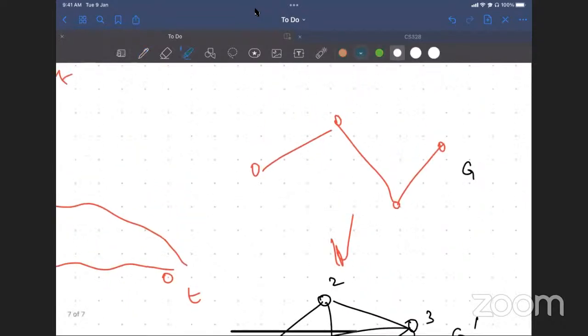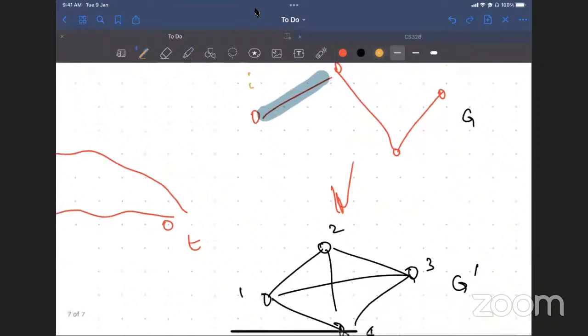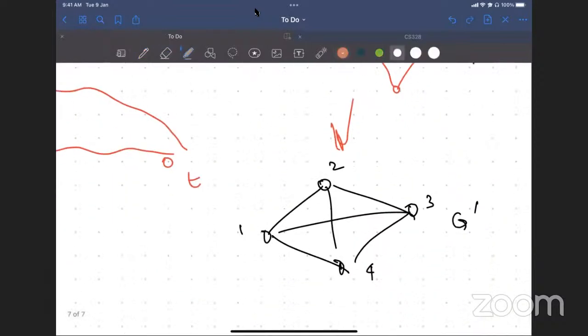In my old graph, this edge represented the cost from going from vertex I to J. And in my new graph, this edge will represent the minimum of all costs from going from vertex 1 to 2 without refueling in between. So I only refuel at vertex 1. And what is the cost from going from 1 to 2?